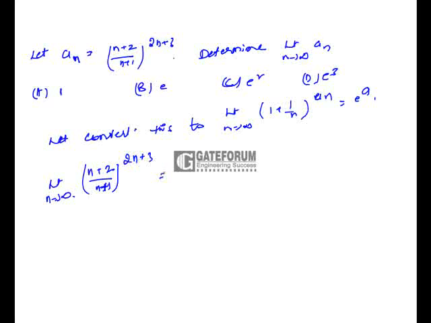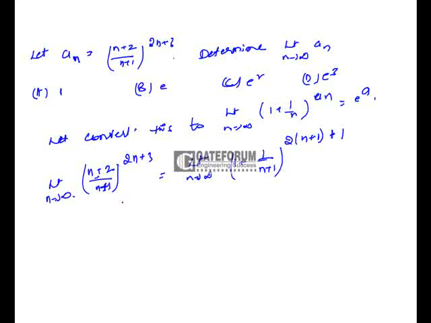So now we can write this as limit n tends to infinity, n plus 2 is written as n plus 1 plus 1, n plus 1 by n plus 1 is 1, and 1 will be remaining, 1 by n plus 1. This 2n plus 3 we can write as 2 into n plus 1 plus 1.